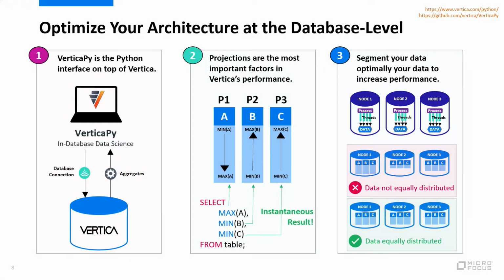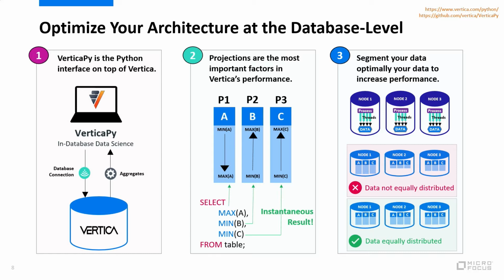VerticaPy is a Python layer, just the Python interface on the top of Vertica. But what's important in Vertica, if you are speaking about optimization, is really to work on projections and segmentations, because if you don't have the right projections, if your data is not equally distributed across the nodes, you will not use all the potential of your cluster.